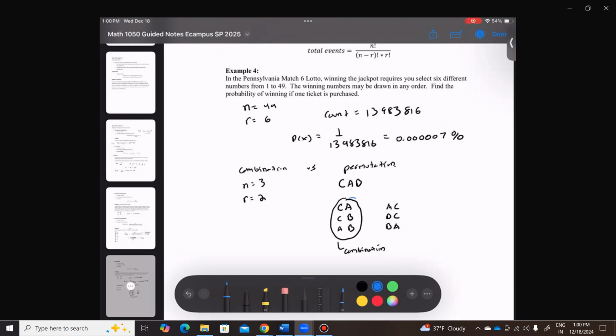These are 6 permutations. Right, so the permutations are going to be more. It's going to include either way of writing it. So CA is 1 permutation, AC is 1 permutation, but C and A is 1 combination. Doesn't matter which way we write it. That is the difference.